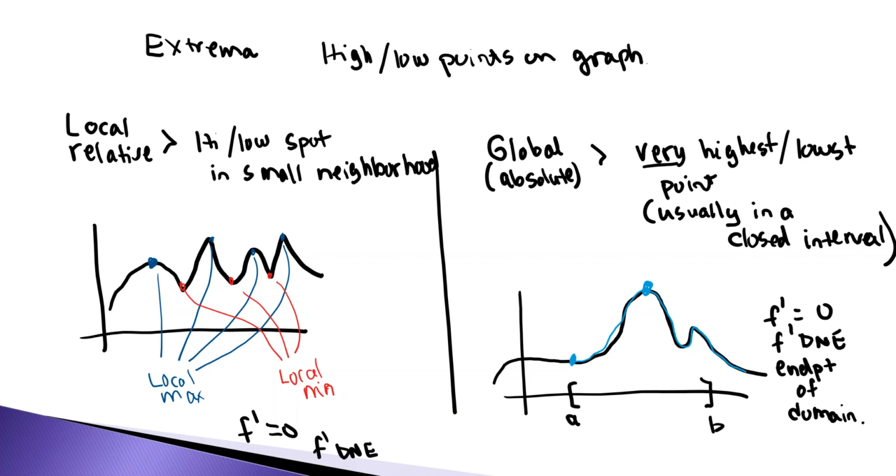Now, when we find where f prime equals 0 and f prime does not exist, those are called critical values. Okay, sometimes they're called critical points. Most people call them critical values. So I just wanted to let you know those words. Critical values are where the derivative equals 0 or the derivative does not exist.